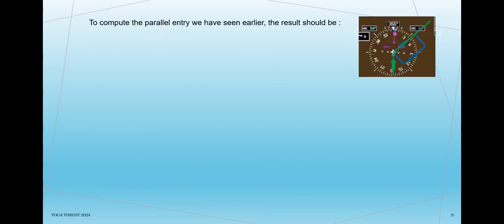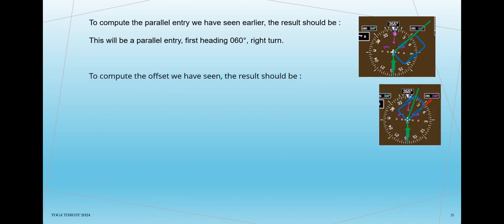To compute the parallel entry we have seen earlier, the result should be: this will be a parallel entry, first heading 060 degrees, right turn. To compute the offset we have seen, the result should be: this will be a heading 020 degrees, 015 degrees plus 1/3 of the angle of difference, right turn.